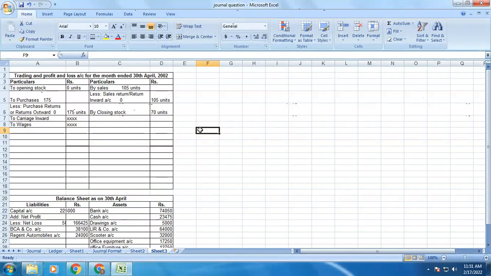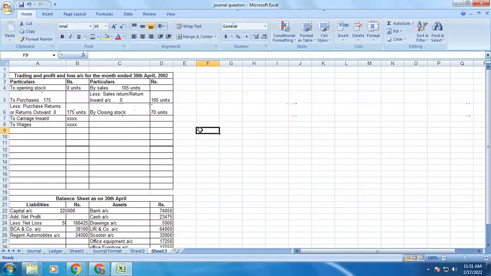ठीक है. उसके बाद दो आइटम्स जो हम ट्रेडिंग अकाउंट में include करते हैं. In actual accounting, there are more number of terms that we use, but for you people, we have created an abridged version or a shorter version. So, हम लोग in JUIT, we consider only two items in the trading part: carriage inward and wages.